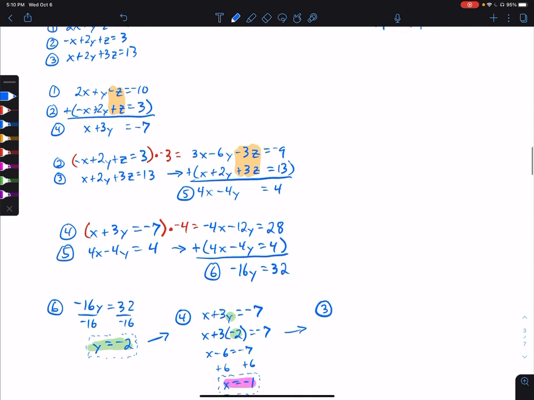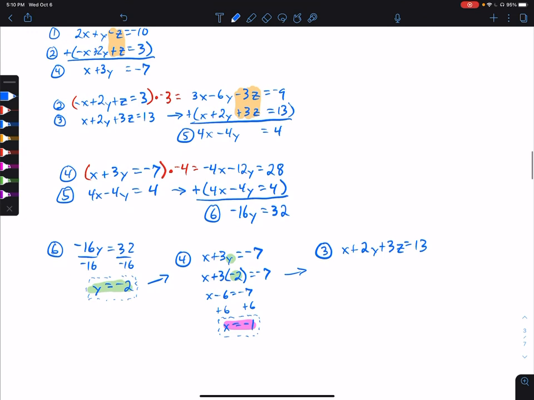So equation 3 is x plus 2y plus 3z, and that's equal to 13. So my x value is going to be -1. My y value I know is -2, and my z value is what I'm trying to figure out now. So -1 minus 4 plus 3z be -5.